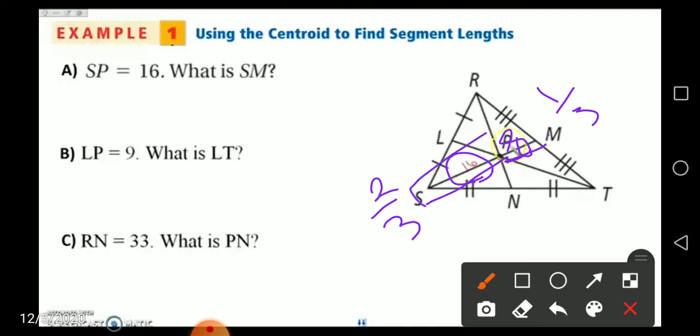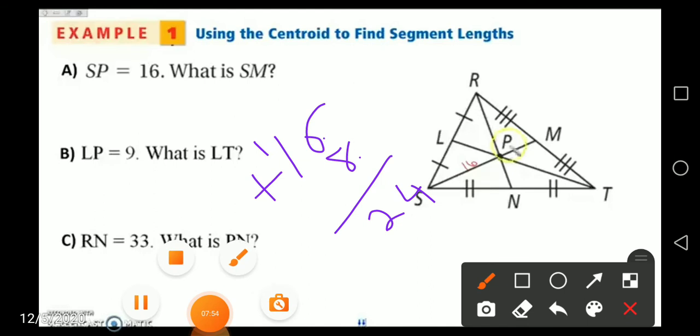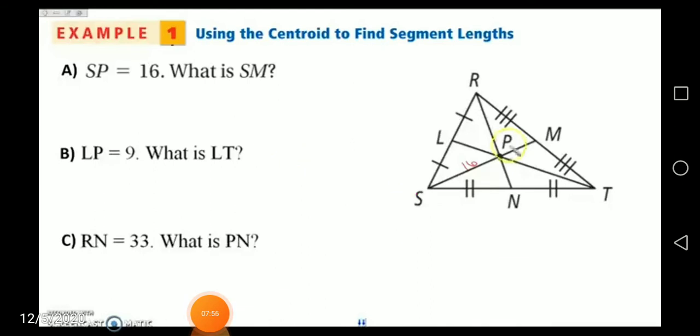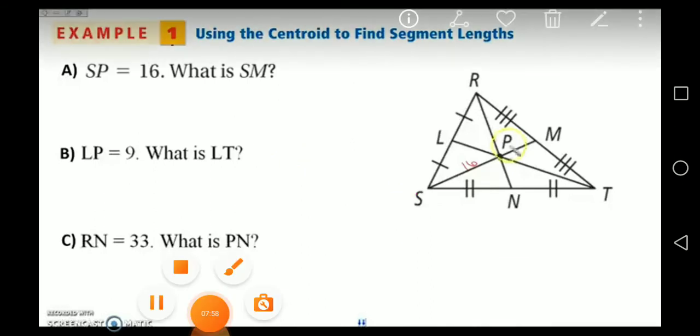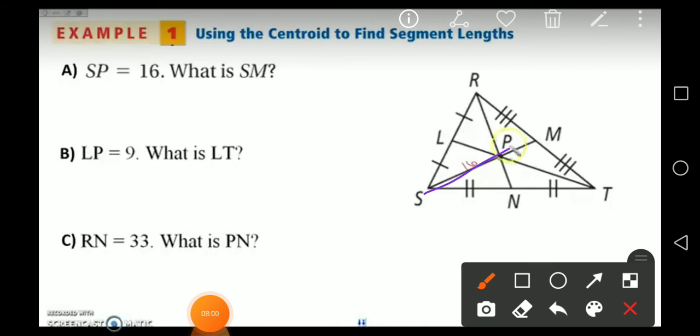What about SM? The total, the whole, will be 16 plus 8, right? So I have the total: SP plus PM, 16 plus 8, equals 24.